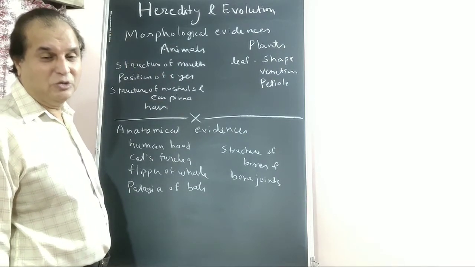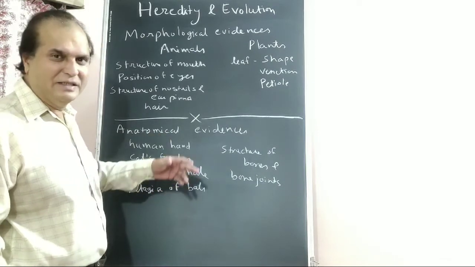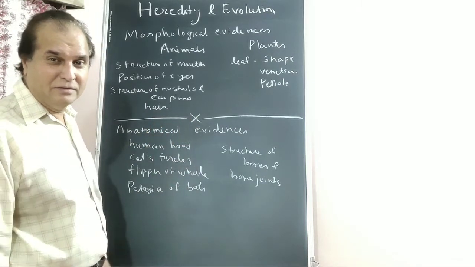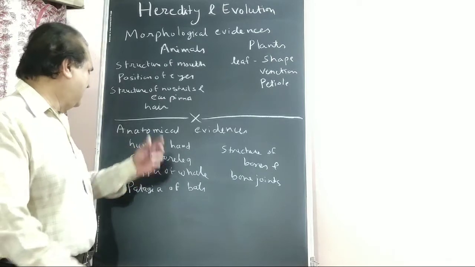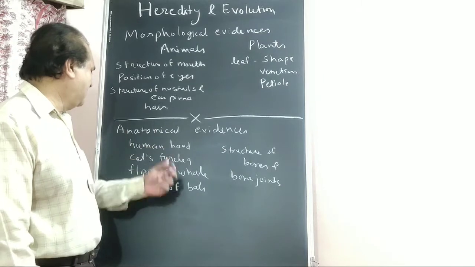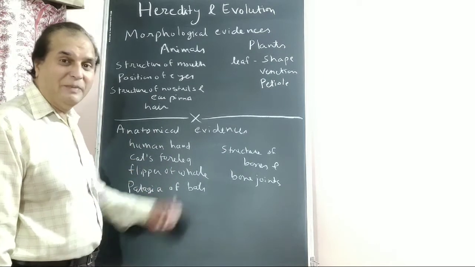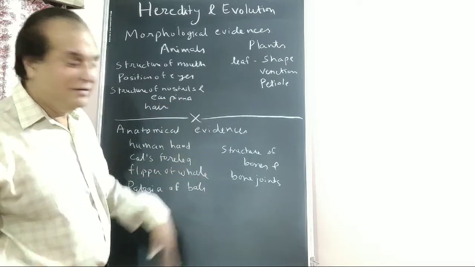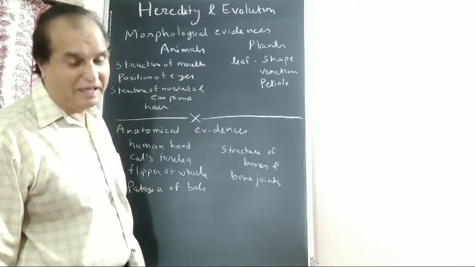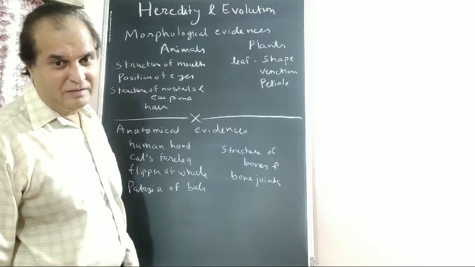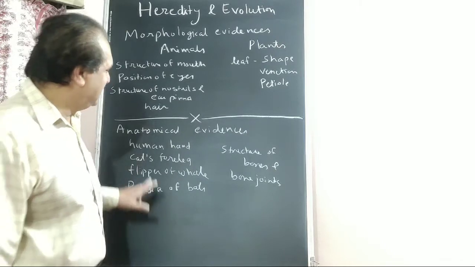May come as a short note in your exam. Then anatomical evidences, our bone structure. In most of the animals it is the same. If you see the human hand, cat's foreleg, whale's flipper, bat's patagia. The structure of bones and joints is the same. Understanding? If you see properly, what does this prove?